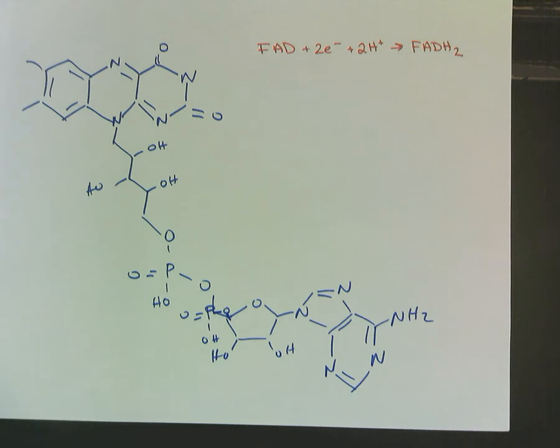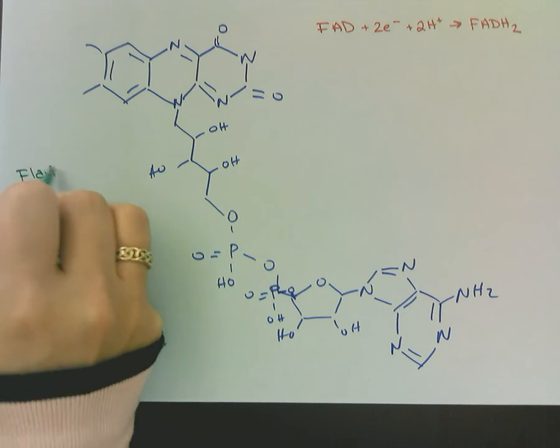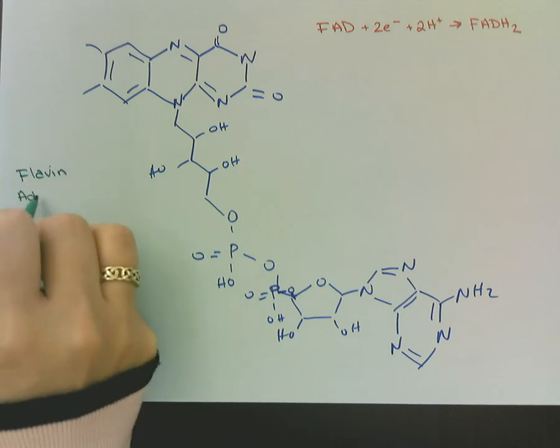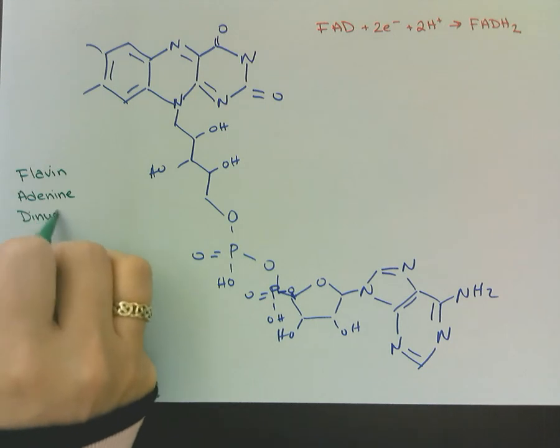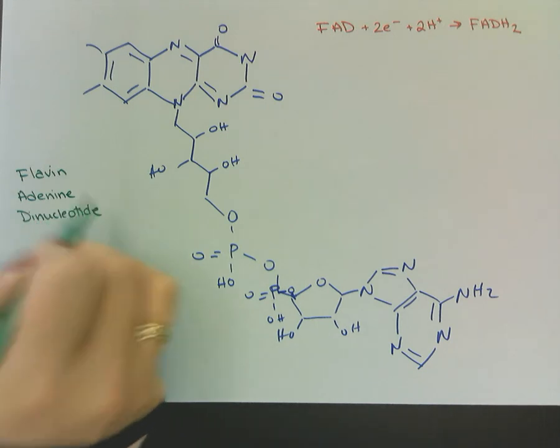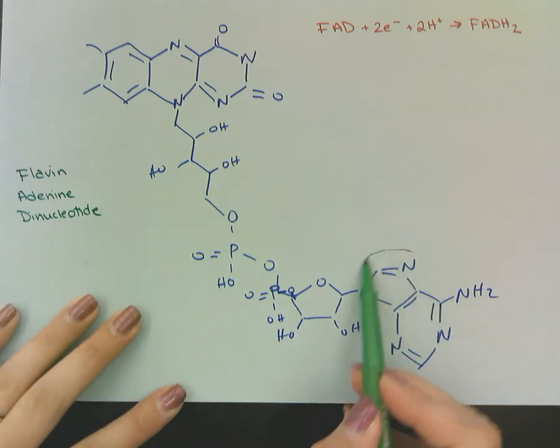All right, so the mechanism of FAD is to accept 2 electrons and 2 protons to become FADH2. FAD stands for flavin adenine dinucleotide. So the adenine is the same part of the molecule we had before. This is still adenine.